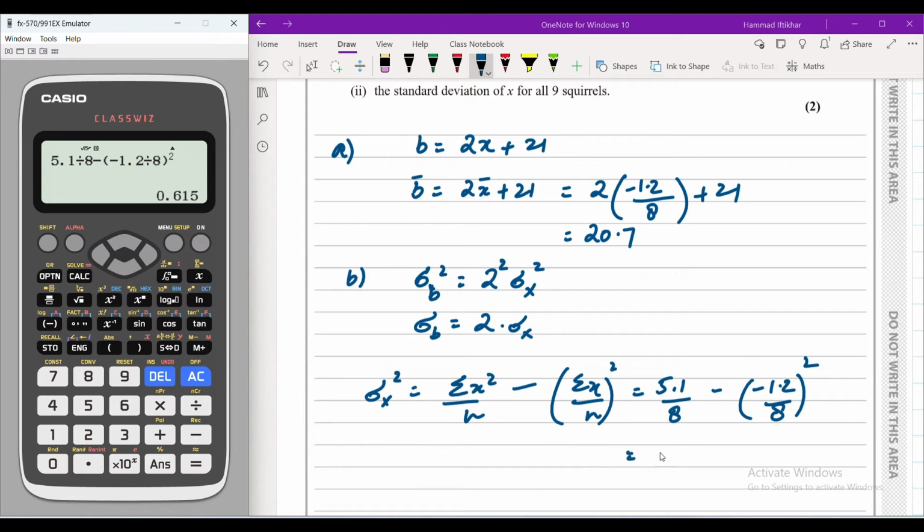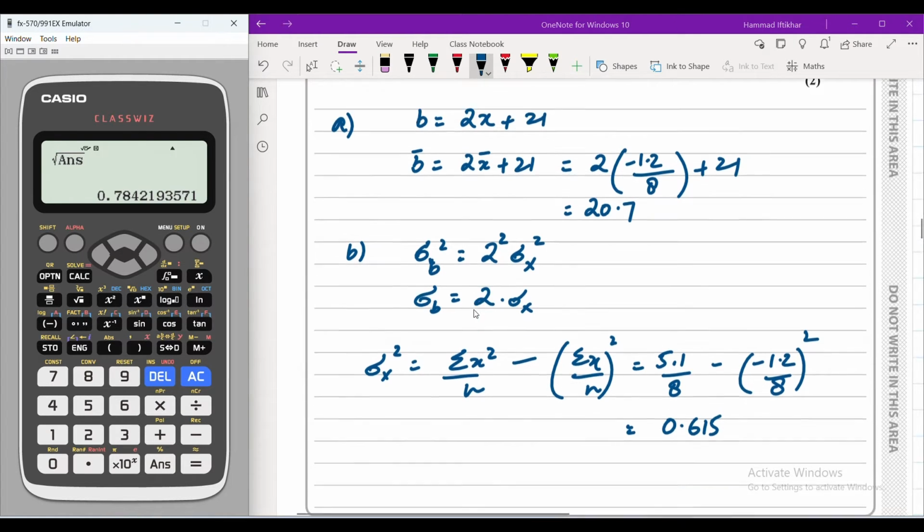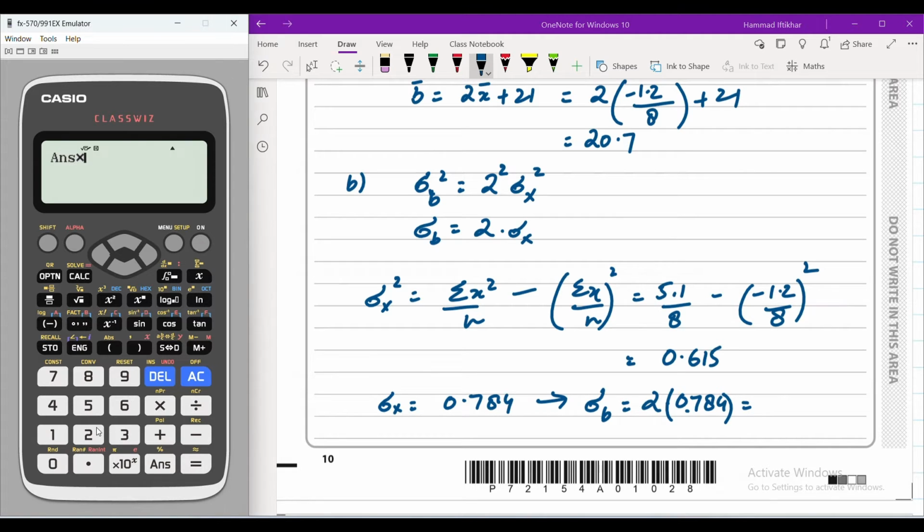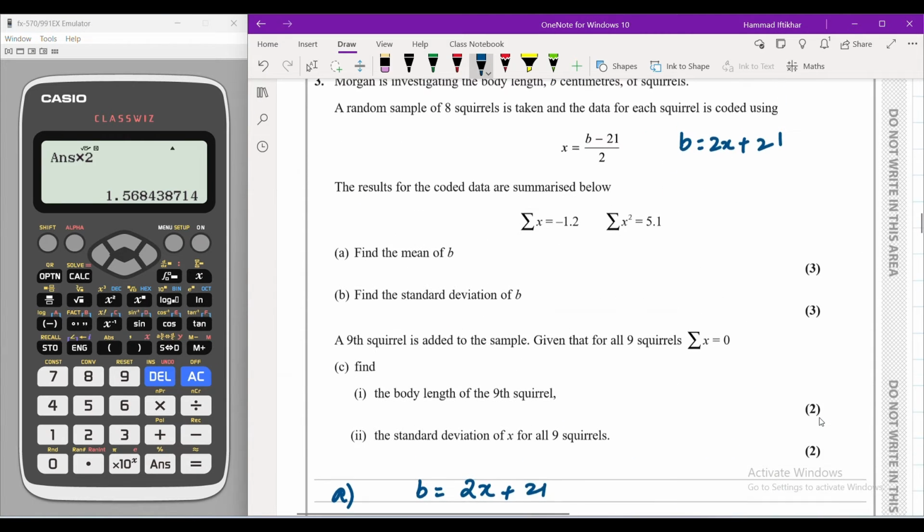This is the variance, 0.615. When we take the square root, that would be 0.784. So therefore, standard deviation of b would be 2 times 0.784, that is 1.568 or 1.57.